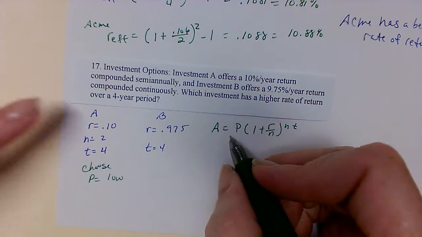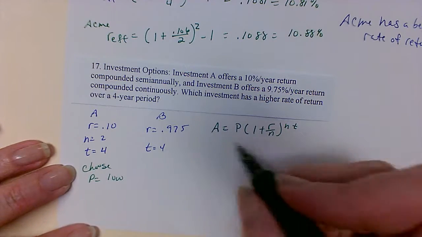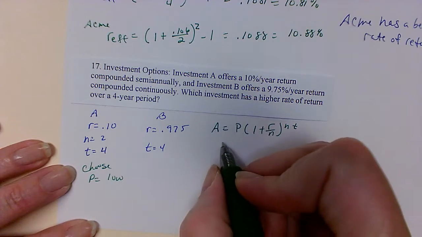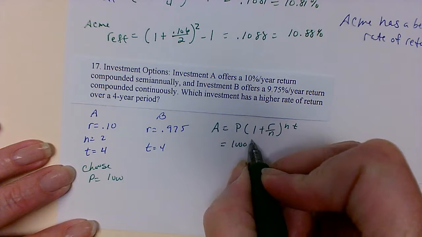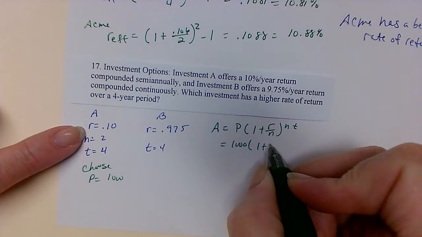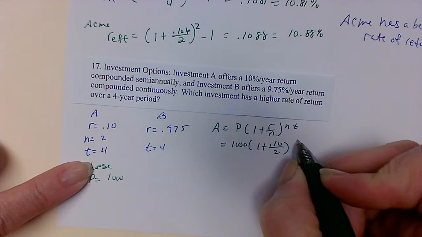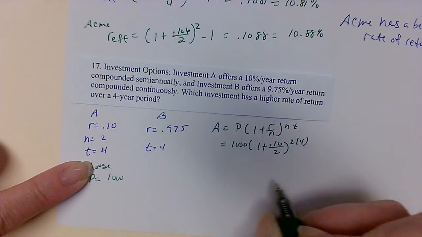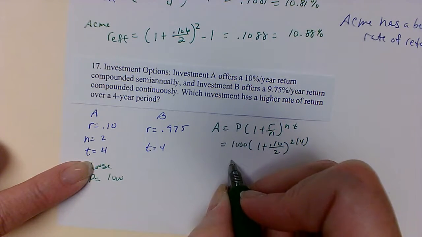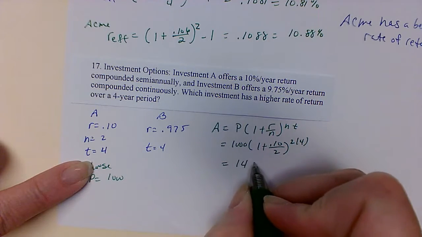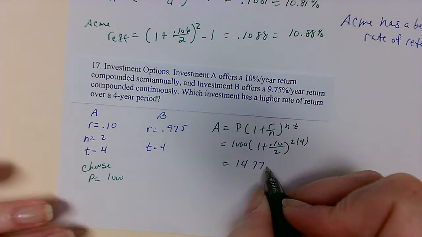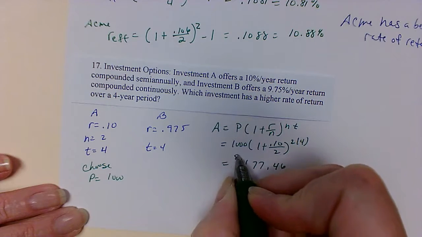So we are looking to plug in our values. This will equal 1,000 times 1 plus 0.10 over N, which is 2, raised to the 2 times 4. And when we plug that into the calculator, we're going to get $1,477.46.